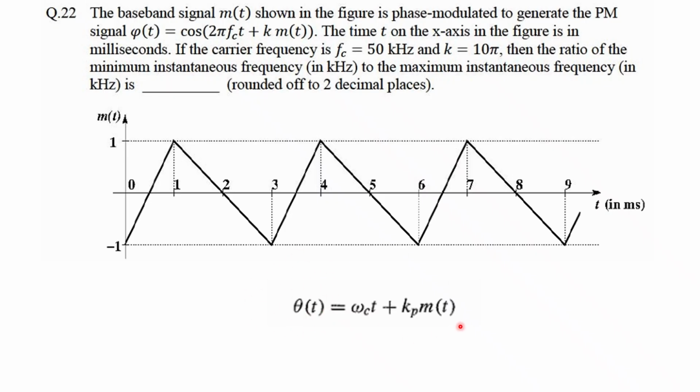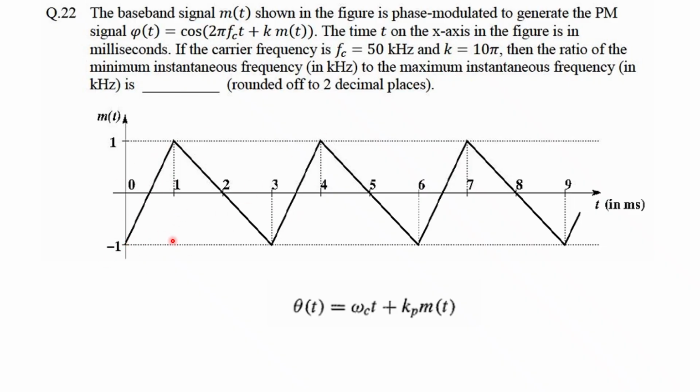So how can we find this? This is the instantaneous frequency. To find the minimum or maximum, we have to take the differentiation, that is d theta by dt, so dm(t) by dt. Here the fc part is directly given, no problem, and in the other component, dm(t) by dt is the slope of the m(t) function. So basically we have to find the maximum and minimum slope.